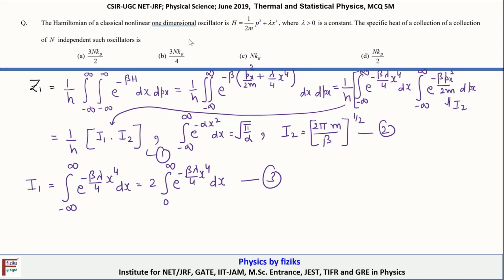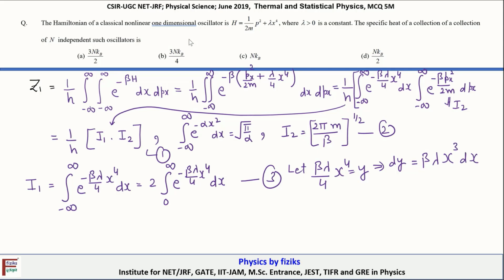So in order to solve this integral, we will make a substitution here. Let beta lambda by 4 x power 4 be equal to y. Okay, so this implies dy is equal to beta lambda x cube dx.